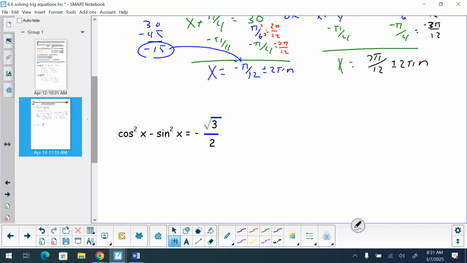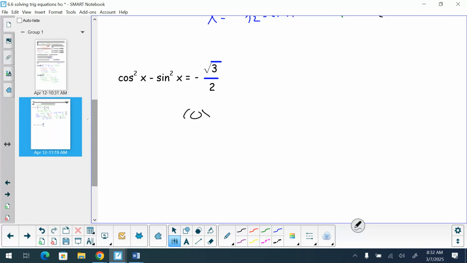That's cosine 2x. So we have the cosine of 2x is equal to negative square root of 3 over 2.